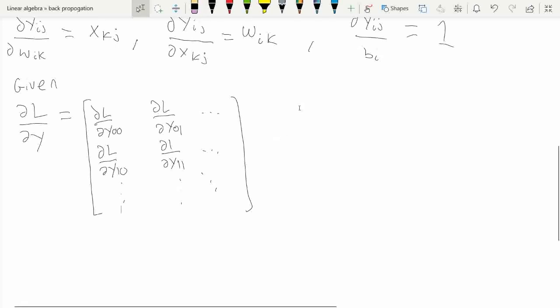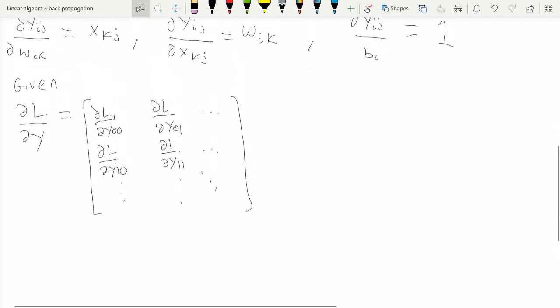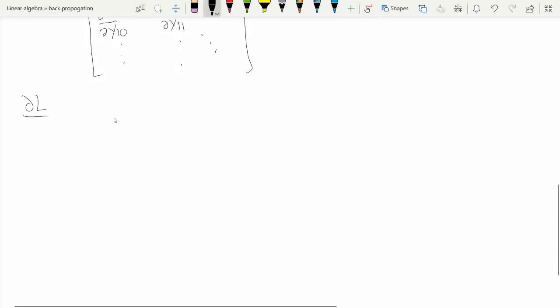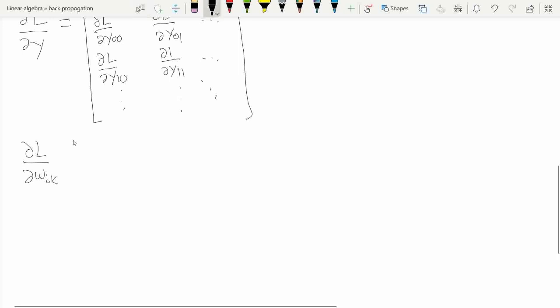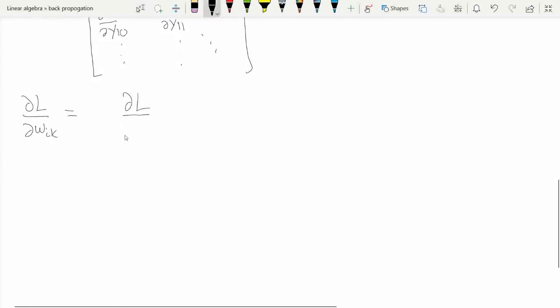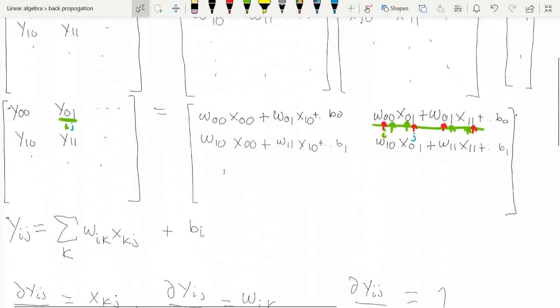So if we want to find the derivative of L with respect to W, then we start with one element of W. The derivative of the loss with respect to some element w i k of W is going to be the derivative of L with respect to y i j times the derivative of y i j with respect to w i k.